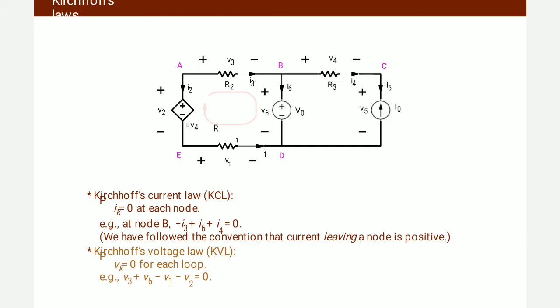Observe this one. V3 is positive, V6 is positive, V1 is negative, and V2 is also negative.